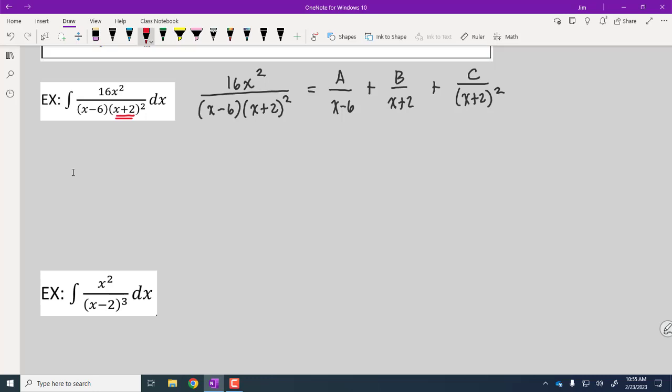So here, our m is 2. That means we have to have a fraction for x plus 2 to the 1, and a fraction for x plus 2 to the 2. So we have to have a fraction for each power, all the way up. So if this was x plus 2 to the 4, we'd have b over x plus 2, c over x plus 2 squared, d over x plus 2 cubed, e over x plus 2 to the fourth.